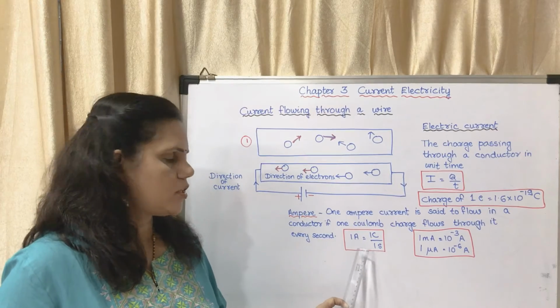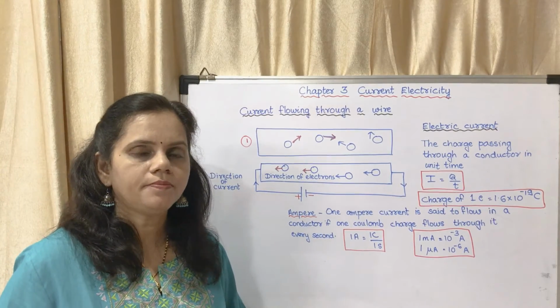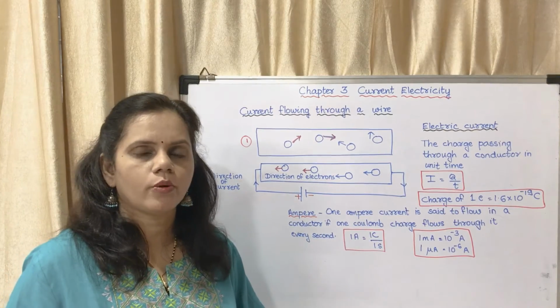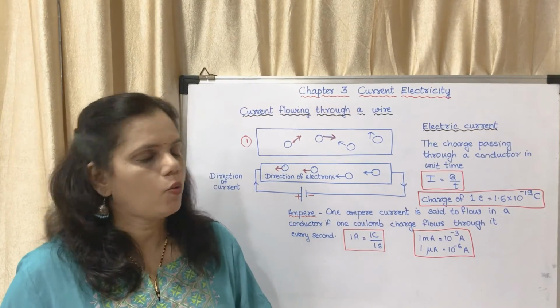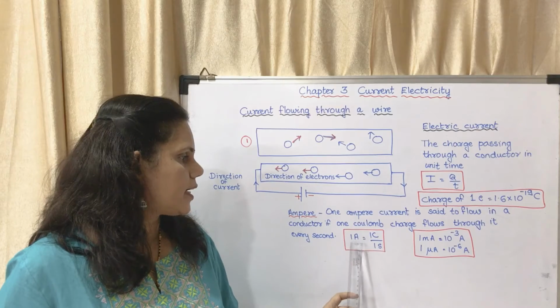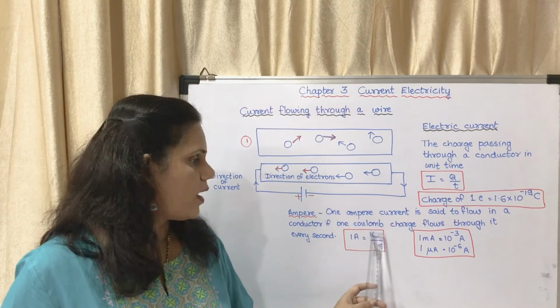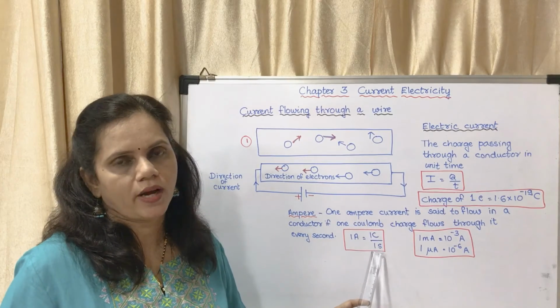From this equation, I will tell you the definition. What is the equation? 1 ampere is equal to 1 coulomb upon 1 second. So the current is said to be 1 ampere when 1 coulomb of charge is flowing in 1 second.